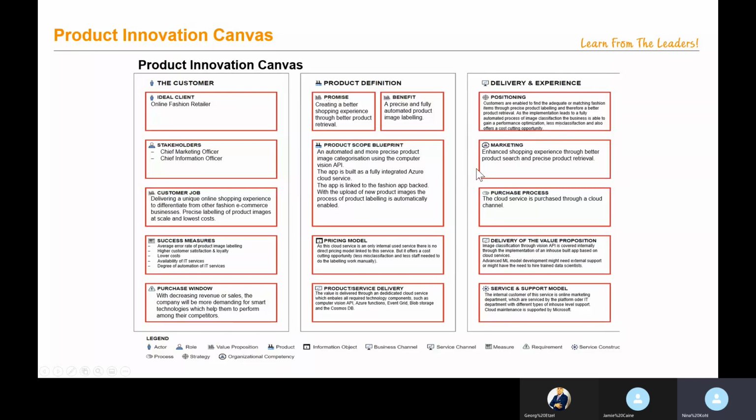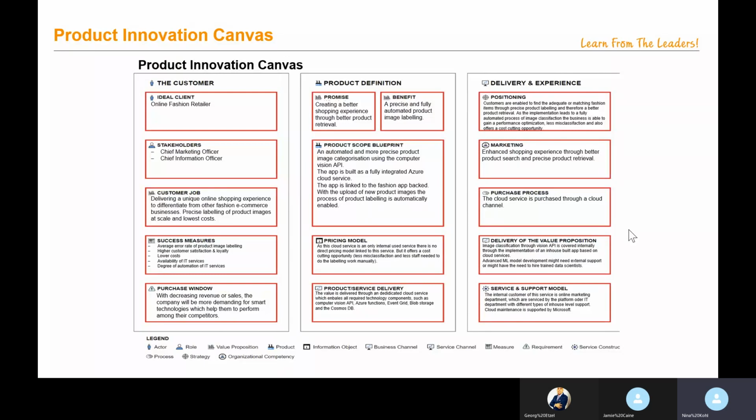What it brings to you is an enhanced shopping experience through better product search and precise product retrieval. And the delivery of the value proposition is through the computer vision API, which is covered by you internally because you have the data scientists and the platform specialists in-house, and the app will be built in-house as well.